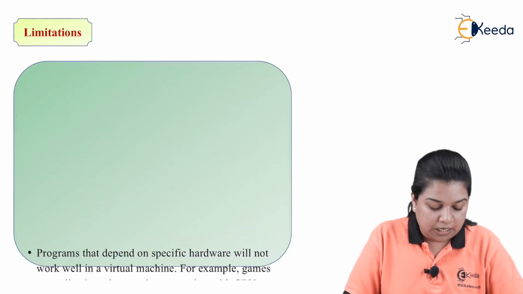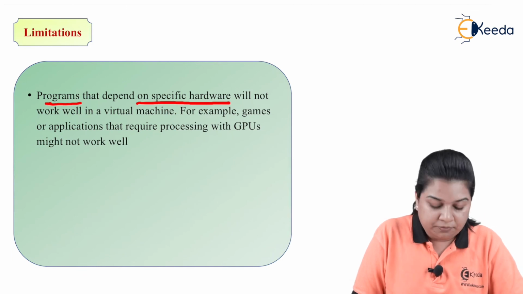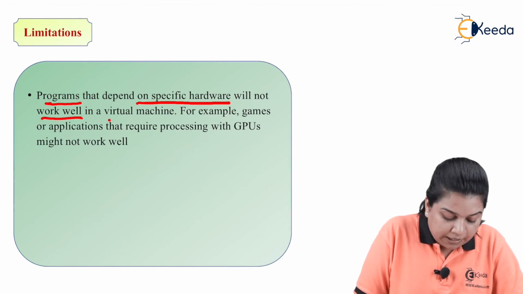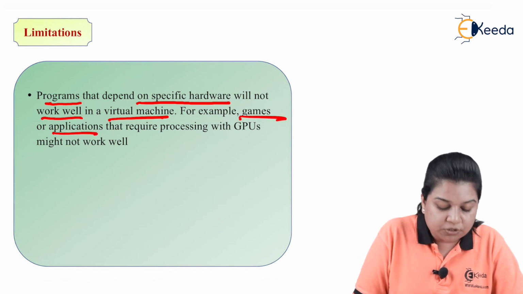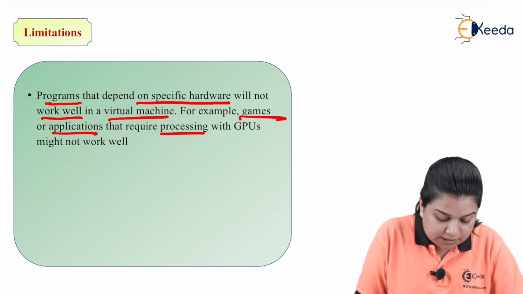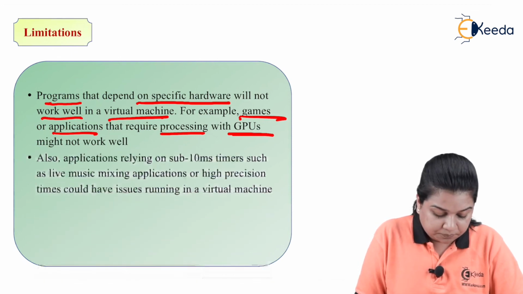Limitations of Hyper-V are: programs that depend on specific hardware will not work well in a virtual machine. For example, games or applications that require processing with GPUs might not work well.